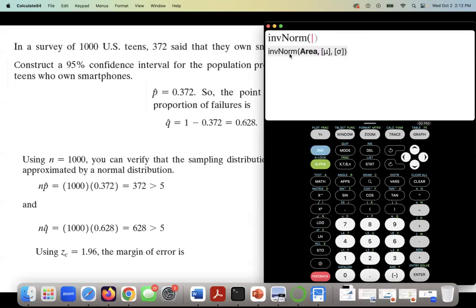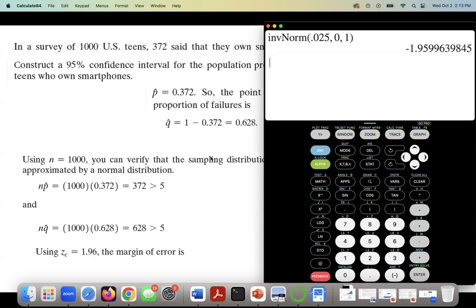Since you have a 95% confidence interval, 100% minus 95% gives you 5%. 5% divided by 2 gives you 0.025. So the area on the left-hand side is 0.025. Put a comma. The mean of the distribution must be 0, comma, with standard deviation equal to 1, because it's a standard normal distribution. As you can see, you have a negative number on the left-hand side. The positive critical value that you're going to use is 1.96.